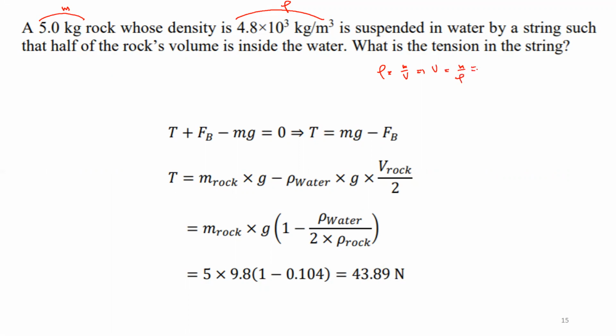So the volume of the object will be what? 5 divided by 4.8 times 10 to the power 3. And you get the volume of the object. So this object is suspended in water by a string, such that a half of the volume of the rock is inside water. What is the tension in the string?